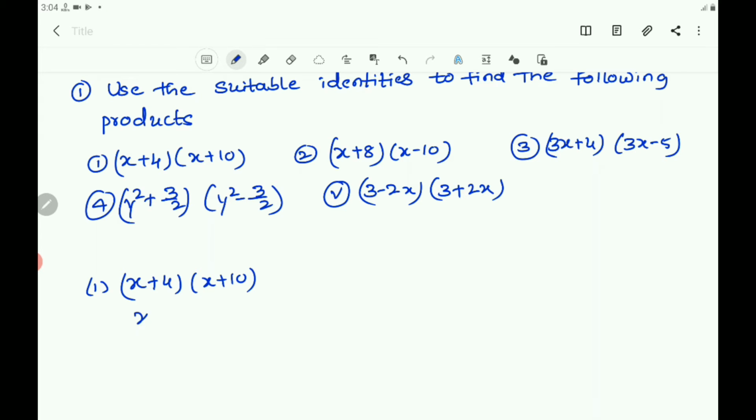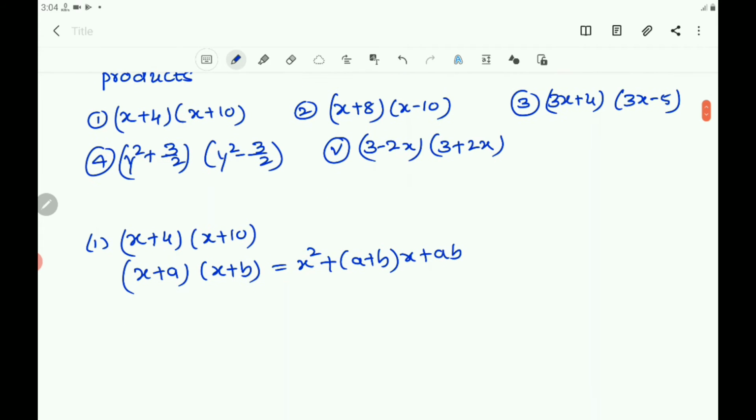This is in the form of (x + a)(x + b), and the product is x square plus (a + b)x plus ab. Now you write the product (x + 4)(x + 10) equals: the first term is x, so the square of the first term is x square, plus a plus b, the sum of the second terms.